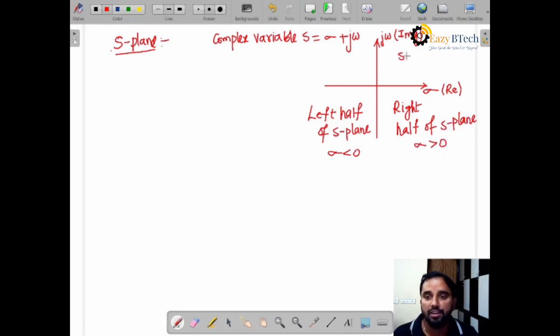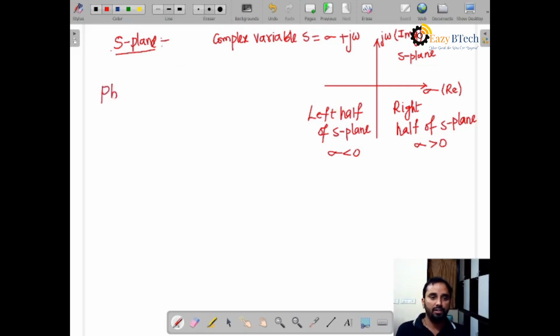The total area is called the S-plane. So in Laplace transform we have the complex variable S equal to sigma plus j omega, where sigma is the real part on the x-axis and j omega is the imaginary part on the y-axis, with the left half of the S-plane and the right half of the S-plane. So let's take a problem.